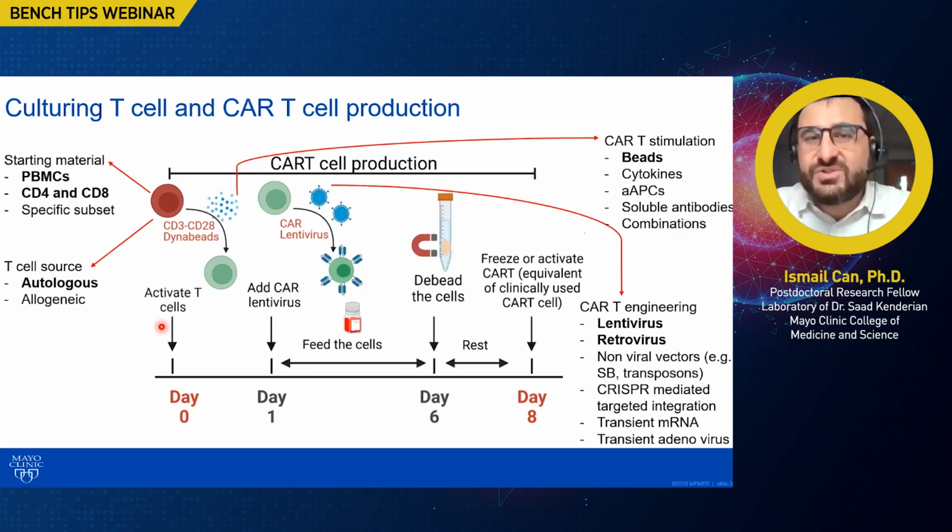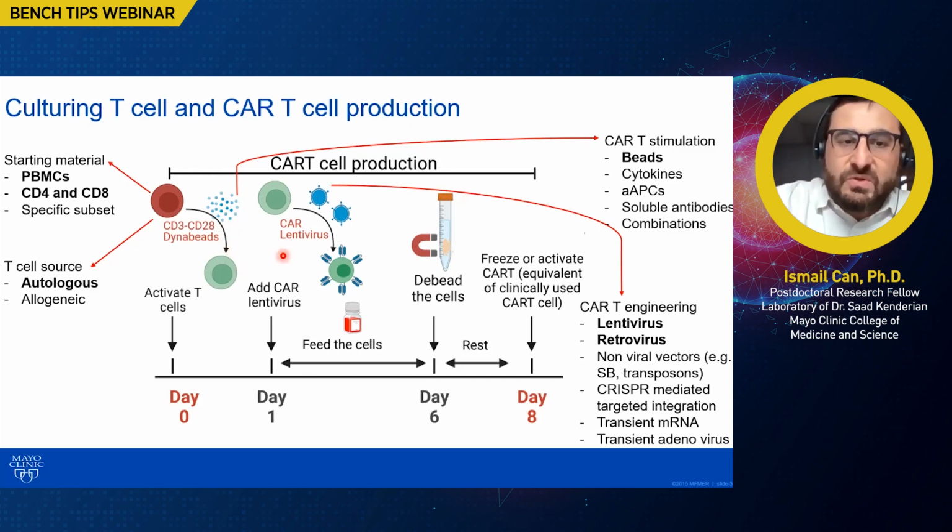If they don't have a reason to be around, they won't. We will just lose them. They will disappear. In order to convince them to stick around, we actually have to stimulate the T cells. And in our protocol, we choose CD3/CD28 Dynabeads, which not only activate the T cells, but also prepare them for the next step, which is the transduction.